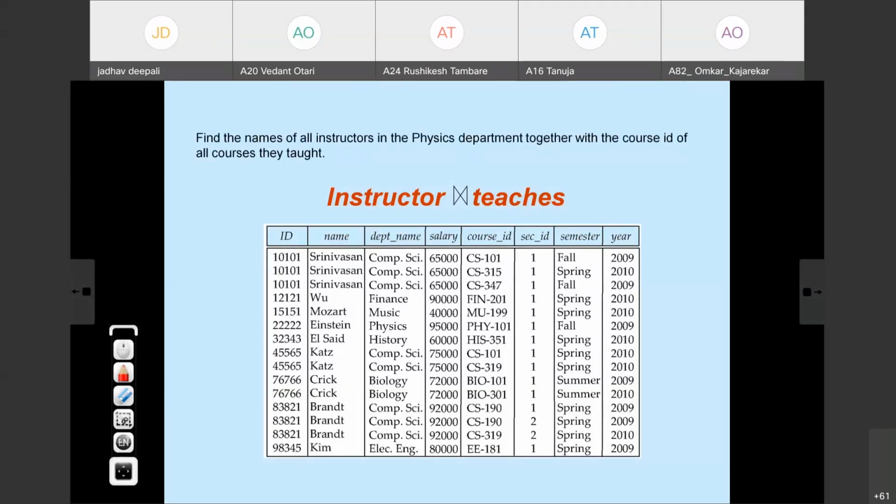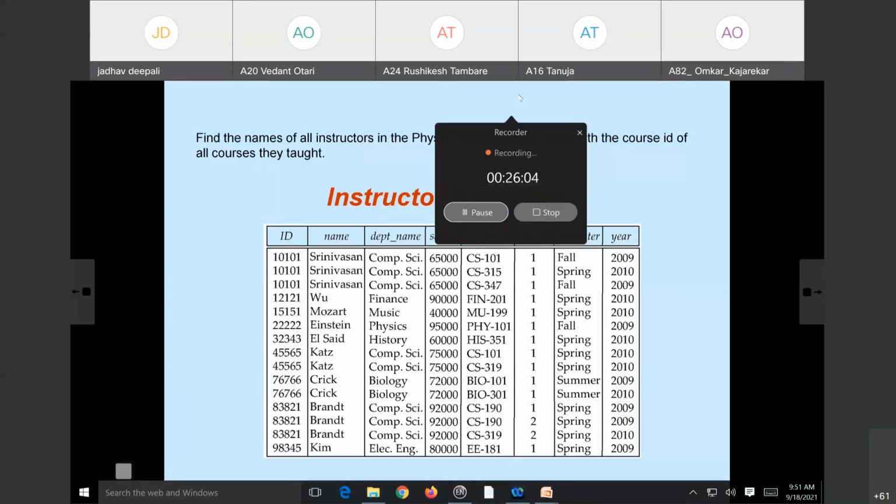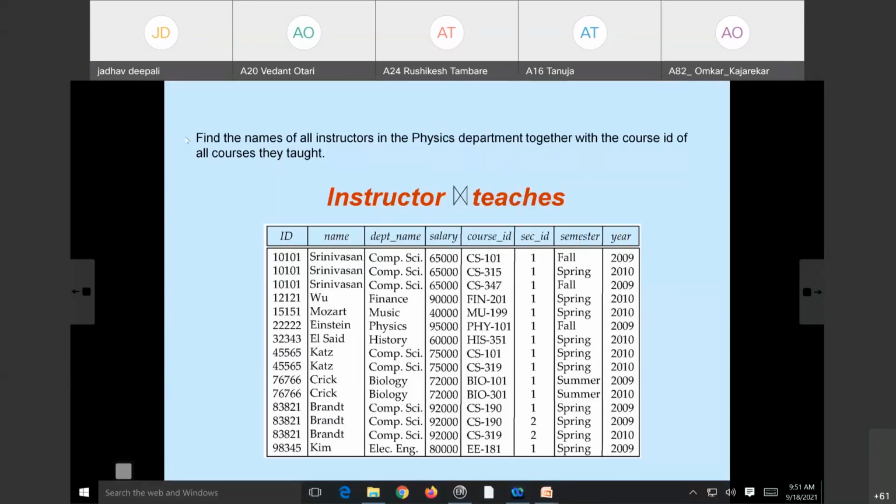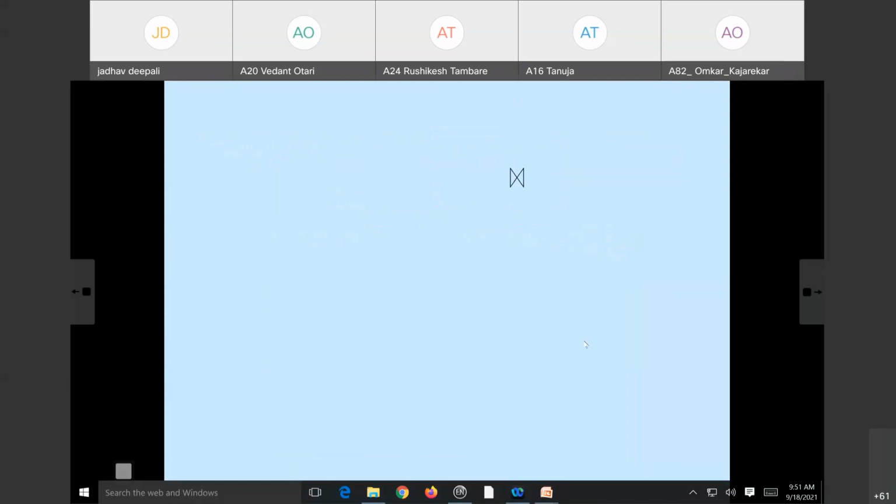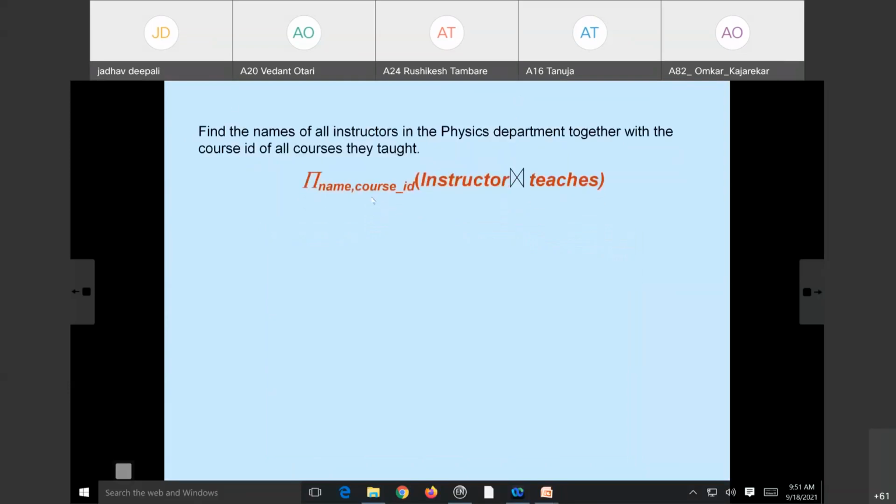Now, the same: find the name of all instructors in the physics department together with the course ID they taught. How do we write this query here?